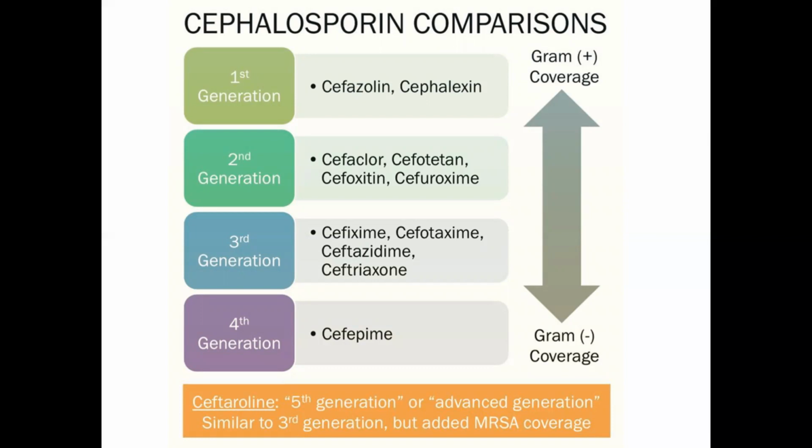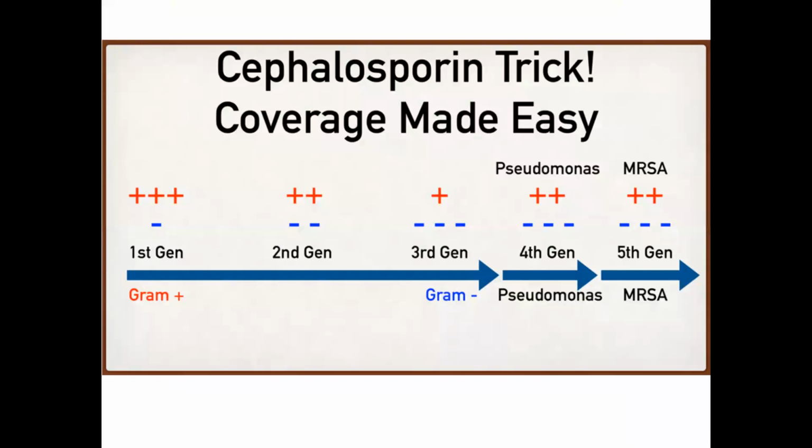We have ceftaroline, no? It is similar to third and fourth generation, but we've added MRSA coverage. Okay? Ayan, isa pa. Para additional nyo lang din, no? Fourth gen is the water coverage din, no? Additional din yan.